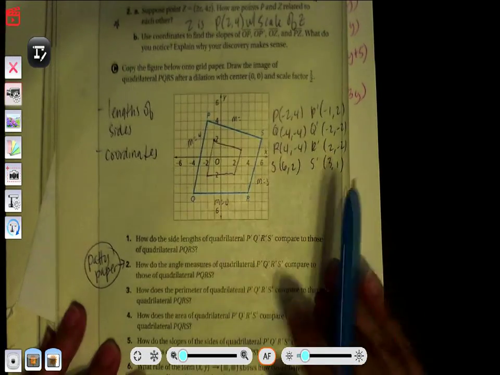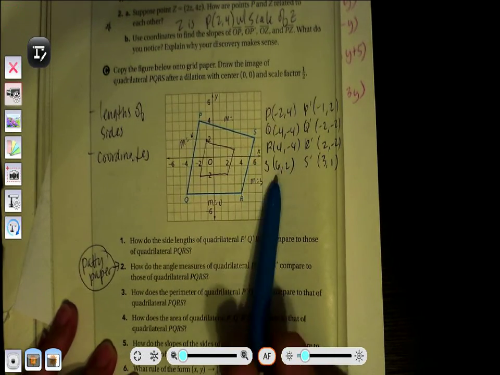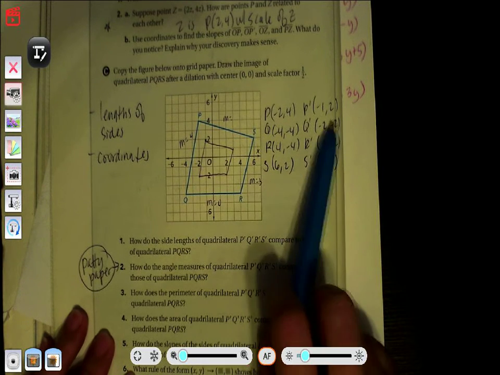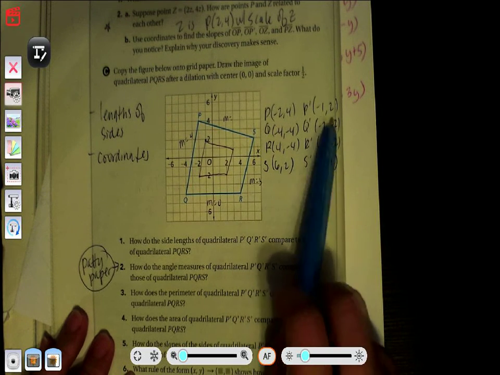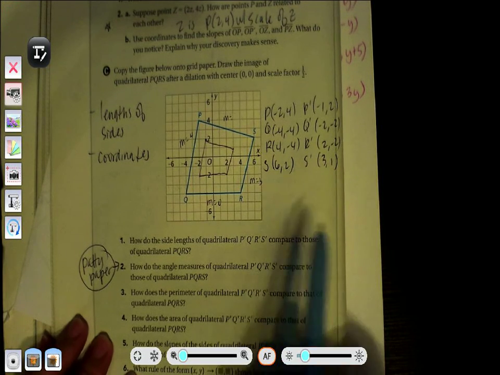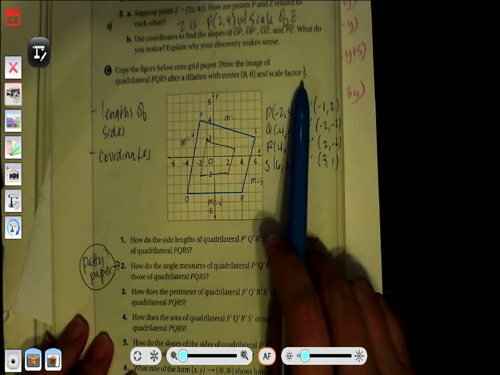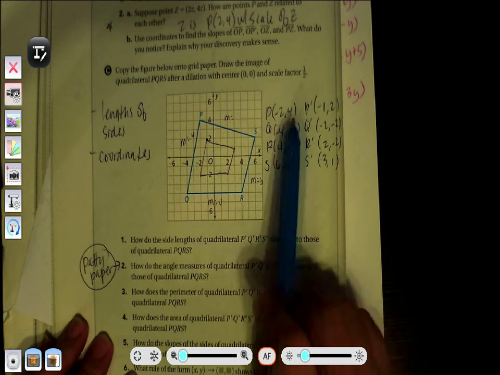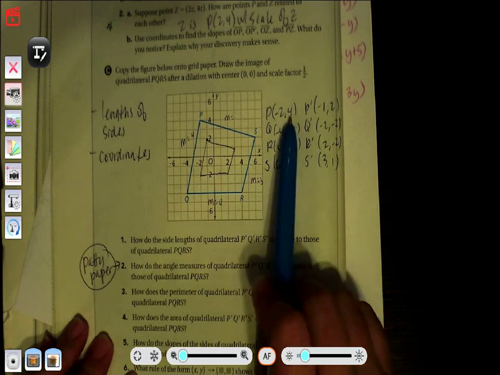I'm not going to go through every single part of part C, but your original coordinates should end up looking like this: -1, 2, so on and so forth. The reason being, you are making it half as big. So instead of multiplying by 3 like part A, you're going to multiply by 1/2. So it becomes half the size.